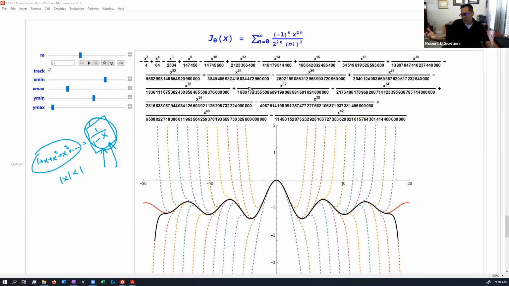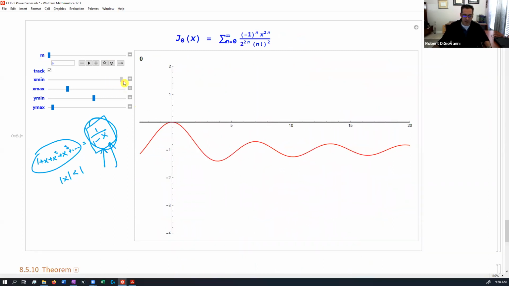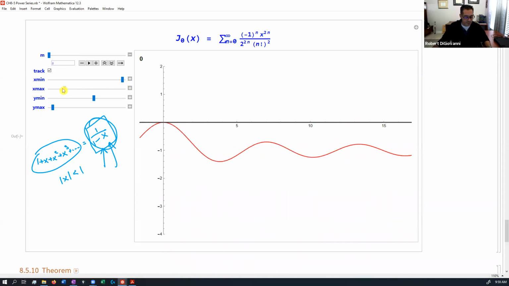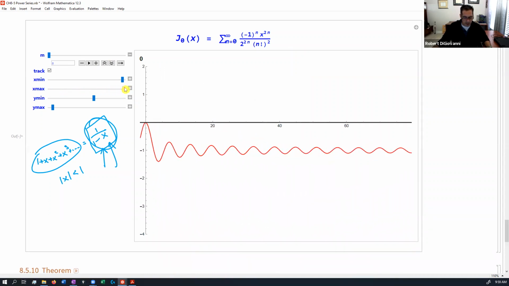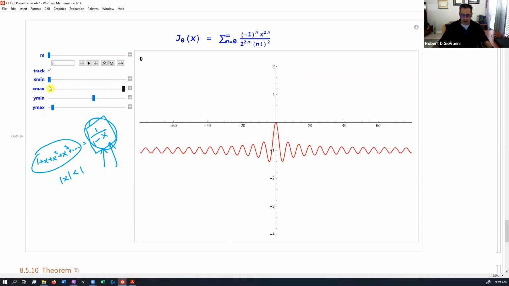Now, you may be going, well, who cares, man? What's the use of the Bessel function? The Bessel function models wave behavior on the surface of, like, a pond.